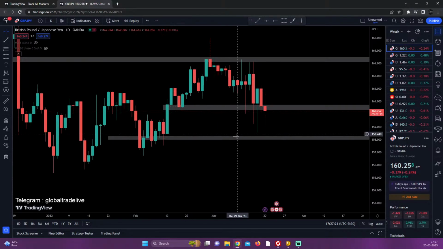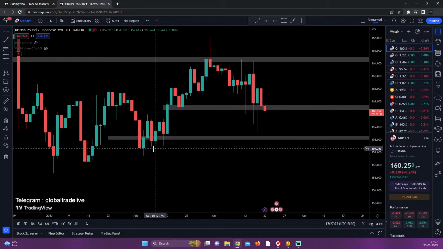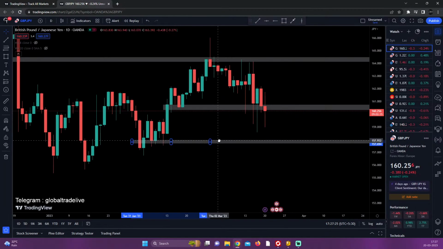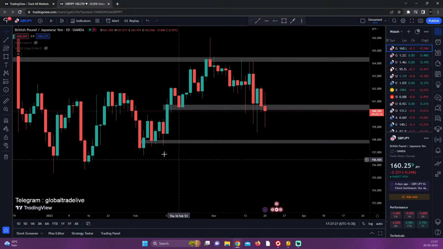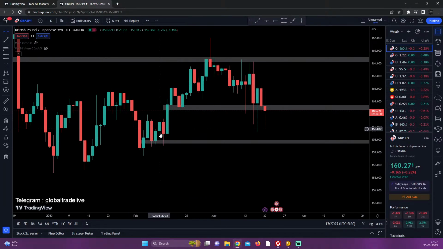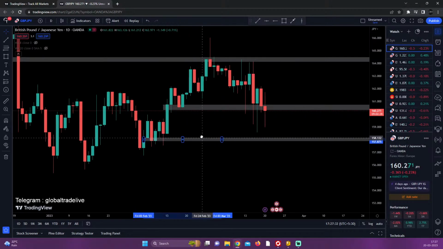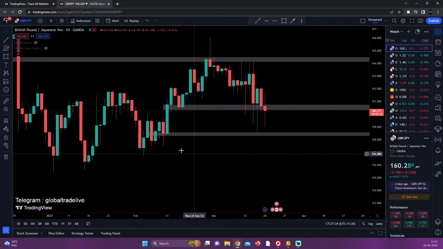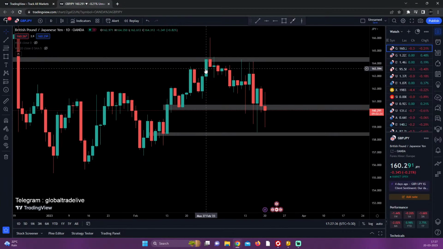So now if we talk about the daily time frame, the market created a support zone over here first, earlier in the past. After that it created another one, so I'm going to readjust this area over here. And after that the market went up till this price. When this price was reached, the market started to reject this area, and then it started to form lower lows and lower highs.